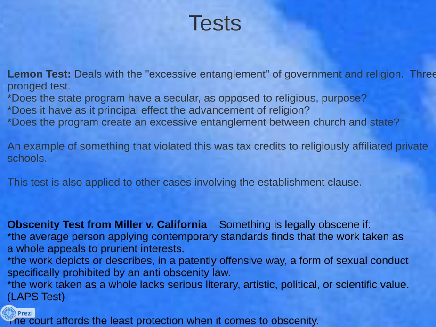Secondly, the work depicts or describes in a patently offensive way a form of sexual conduct specifically prohibited by an anti-obscenity law. And lastly, the work taken as a whole lacks serious literary, artistic, political, or scientific value. That's known as the LAPS test. The court affords the least protection when it comes to obscenity.